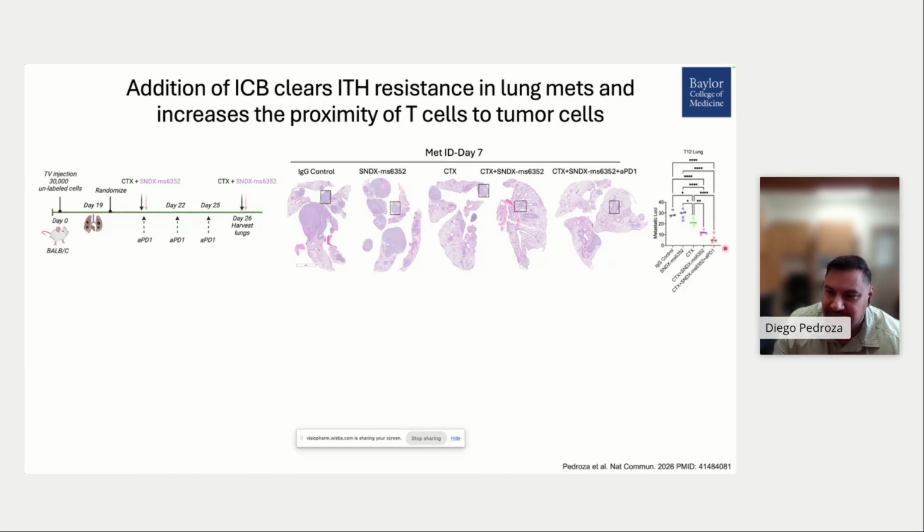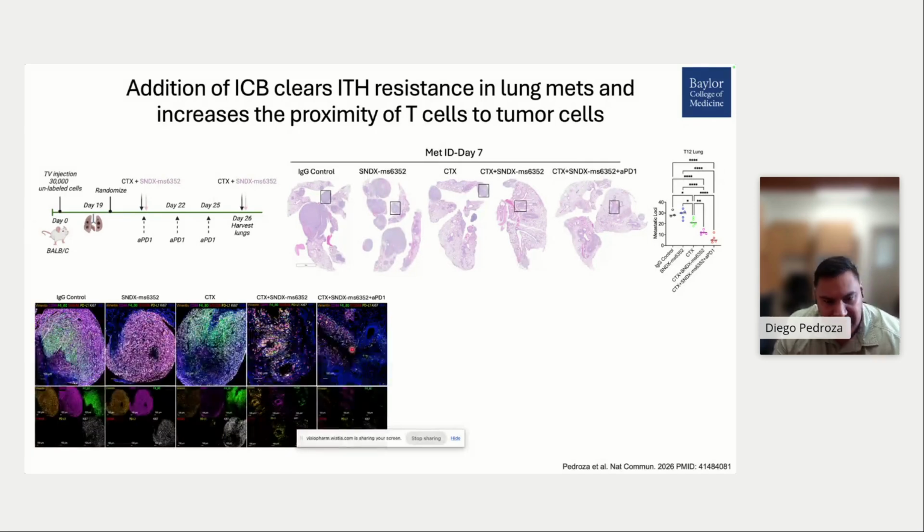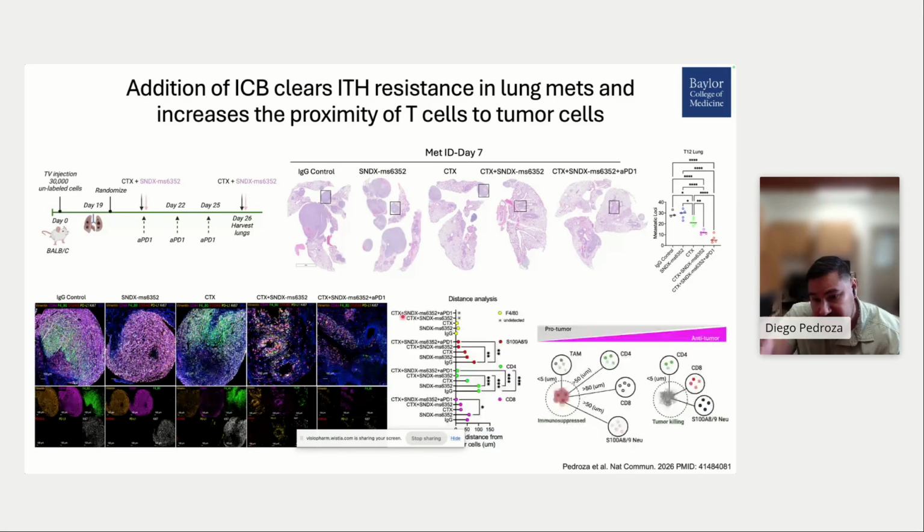And when we incorporate anti-PD-1, we see less tumor burden. We apply imaging mass cytometry again. We get these beautiful images. IMC is one of the most beautiful techniques I've ever used to get images. We can split the channels and get incredible resolution. And then using Visiopharm, we did neighborhood analysis, which allowed us to do distance analysis.